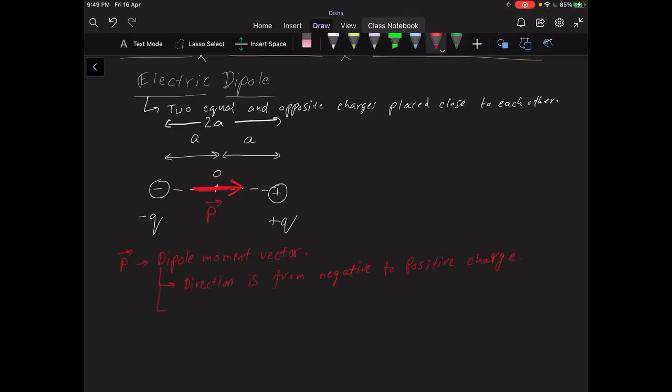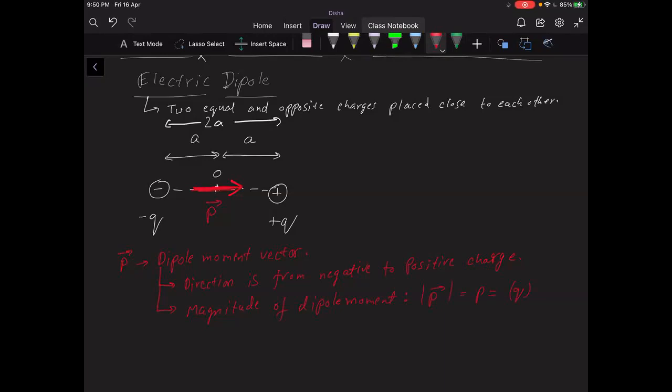Number two, magnitude of dipole moment. Very easy and important formula. Mod of P, you can also write it as simply P, is equal to charge. Charge is Q. Not positive and negative combined, that will be 0.